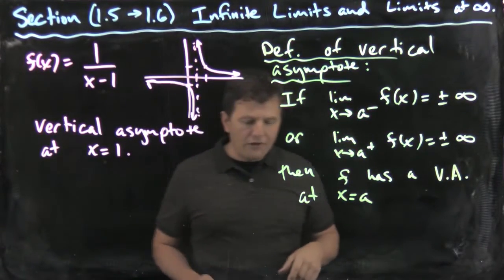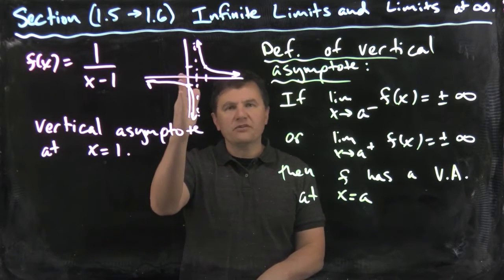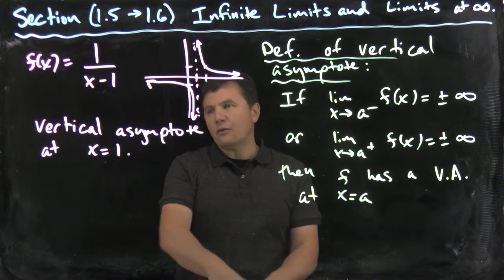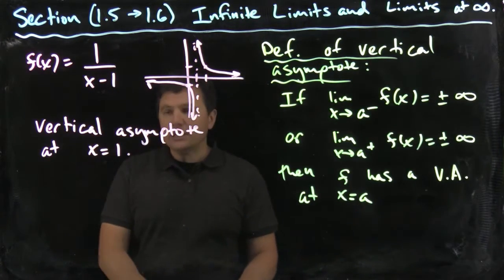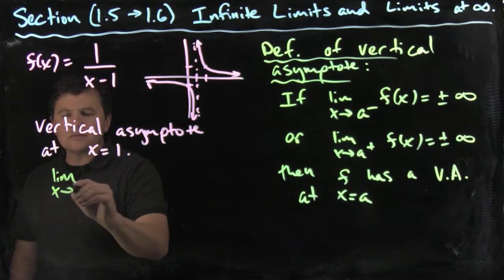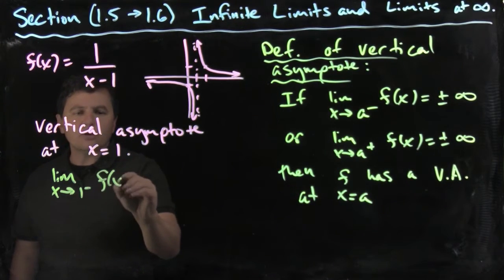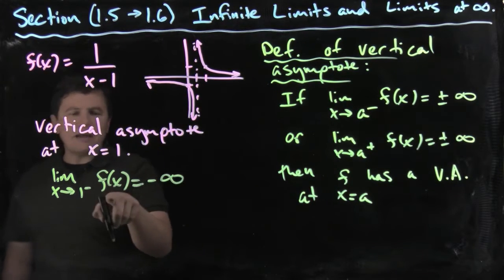So if you're ever asked to prove that something has a vertical asymptote at a particular place, for instance, if I want to say that this has a vertical asymptote at x equals 1, I would need to say that the limit as x approaches 1 from the left of f of x is equal to negative infinity. And by the way, that's enough.